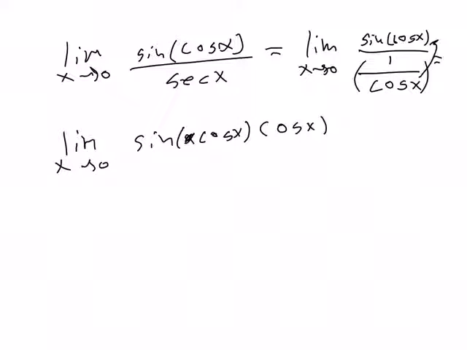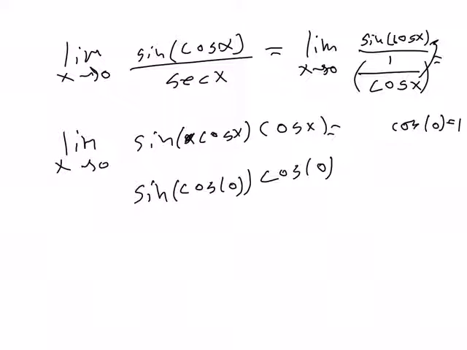And now we can just plug in our limits. We're going to get sine of cosine of 0 times cosine of 0. Cosine of 0 is equal to 1. So this becomes sine of 1 times 1, or sine of 1.